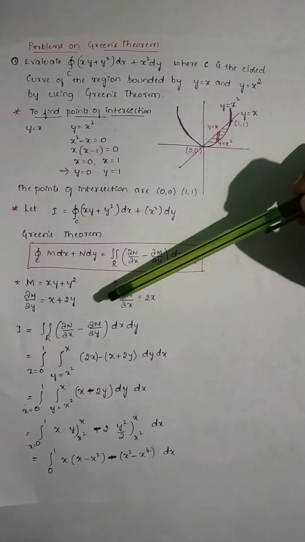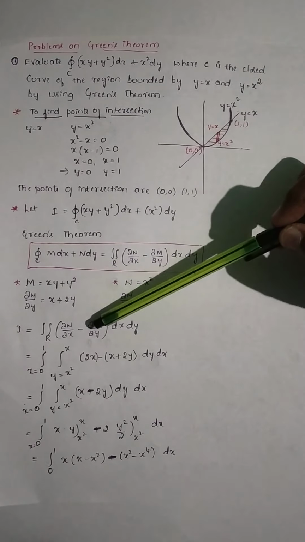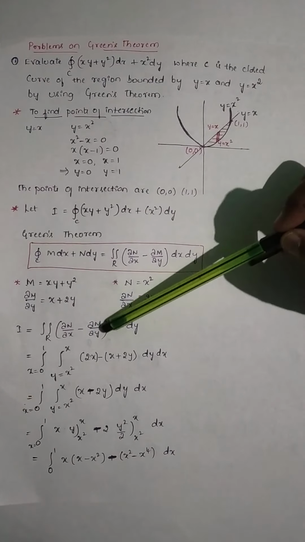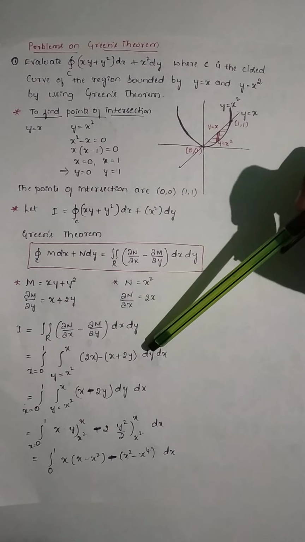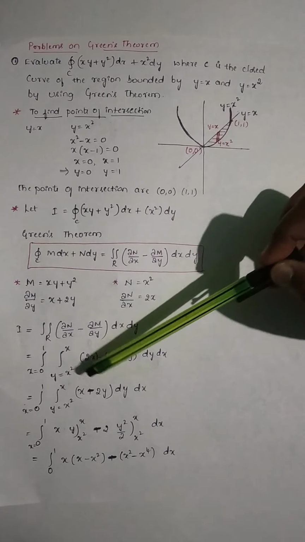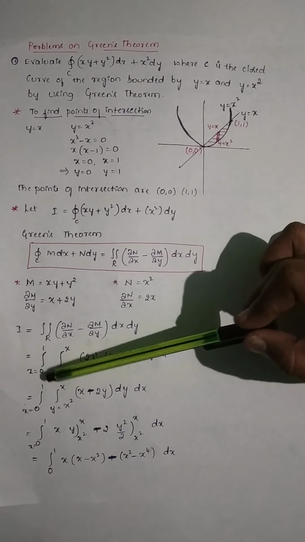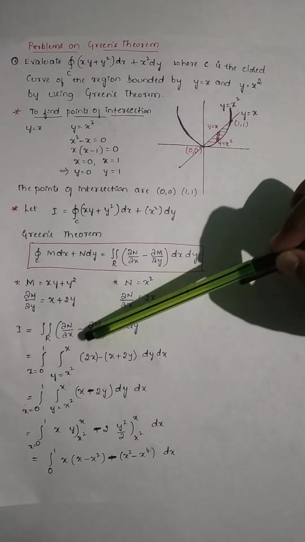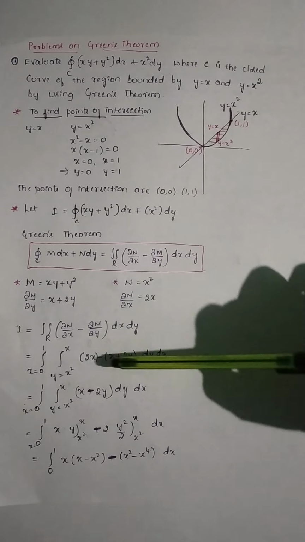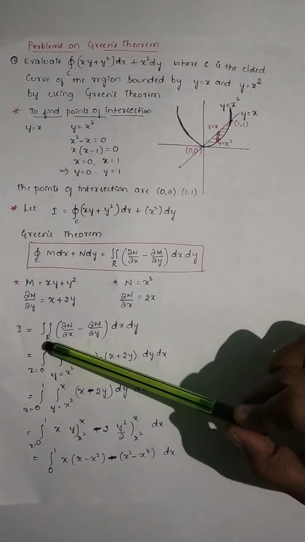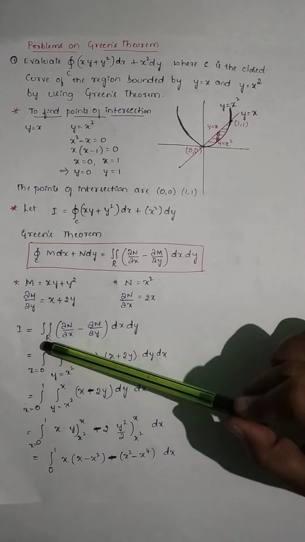Now substitute ∂N/∂x and ∂M/∂y in the expression. After substitution you can easily make out that dy dx will come. So we need the limits of x and y for the evaluation. To write the limits, in the first integral we need constant limits.